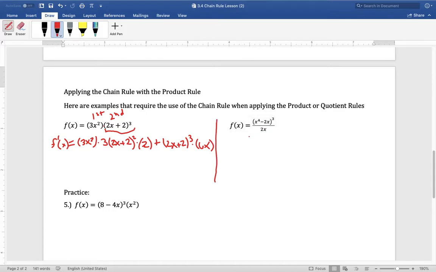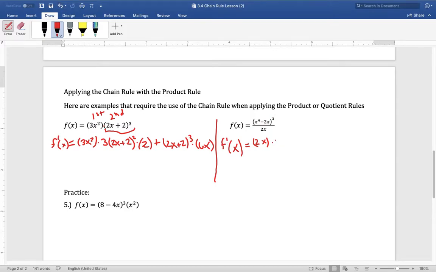So this is low d high minus high d low all over low low. I know you like when I say that. So f prime of x is equal to low 2x and d high. So the derivative of this right here is going to be a chain rule.